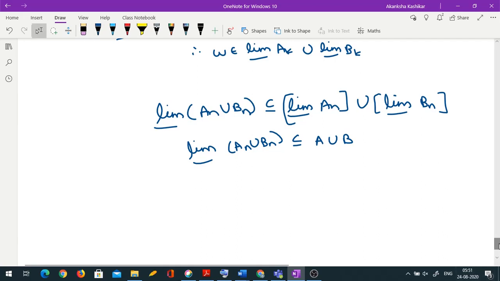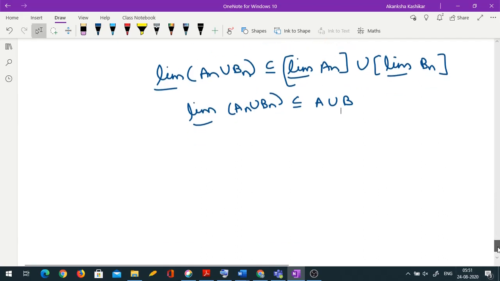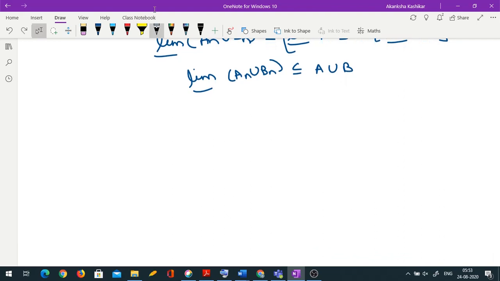Now let me try for the reverse direction. We have proved this: liminf of A_n union B_n is a subset of A union B. If I want to prove the reverse way, if omega is in A union B, what does it mean?